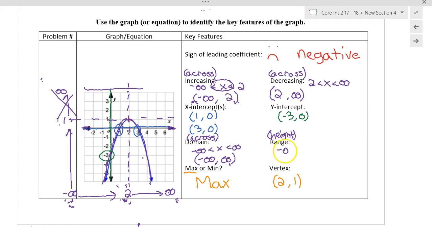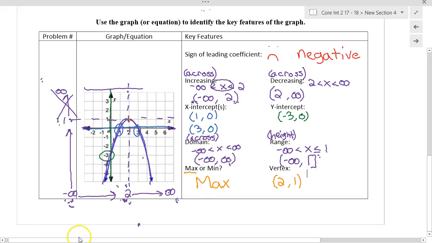So this would be negative infinity is less than x, which is less than or equal to 1. So I do have that point there, so our range will have an equal sign. How I'm going to write this is negative infinity, and then that 1 is going to have a bracket. That's only going to be for the range when we're talking about parabolas.